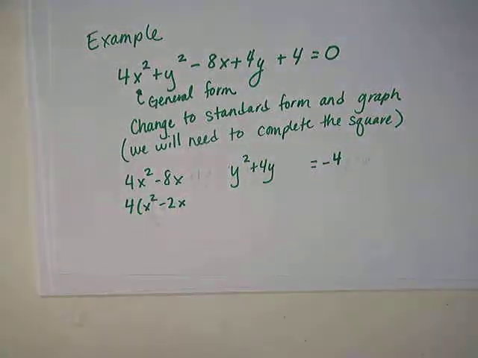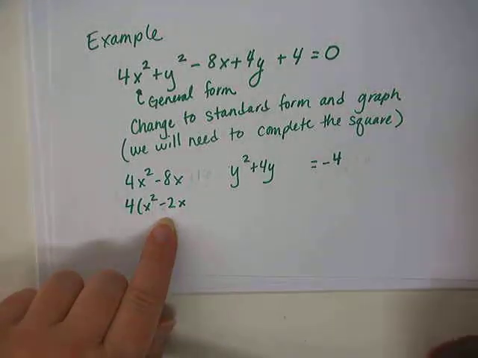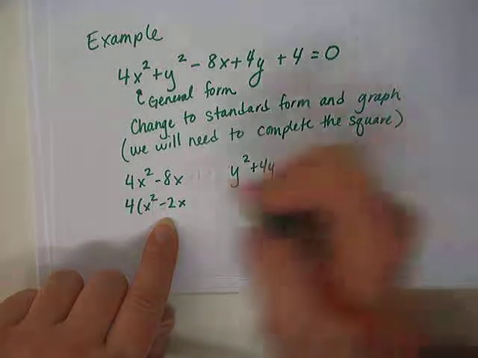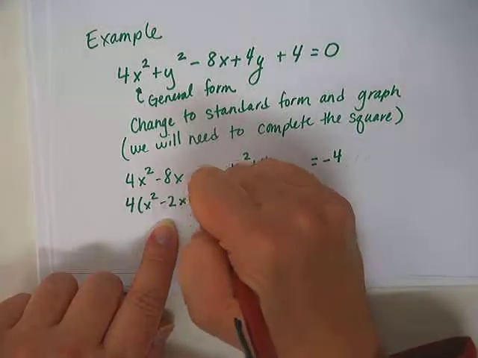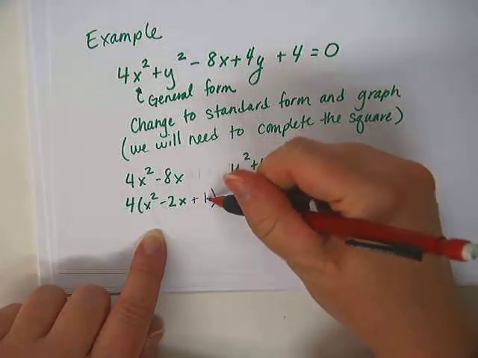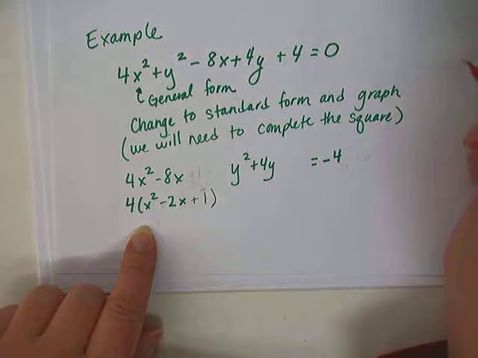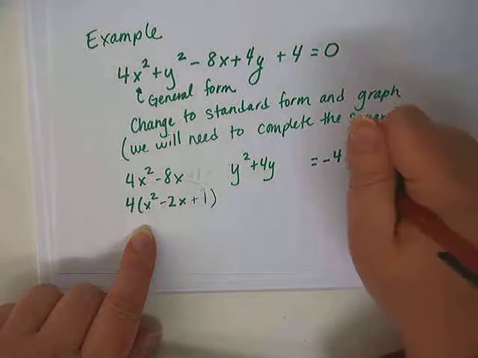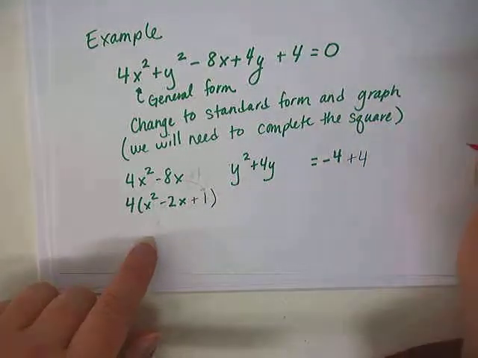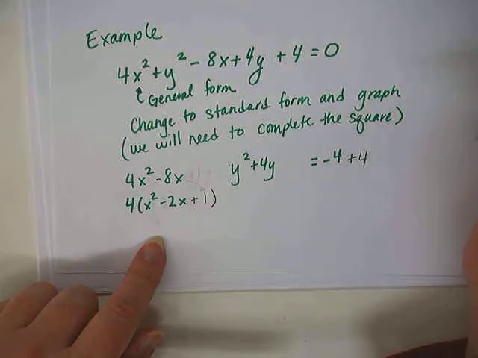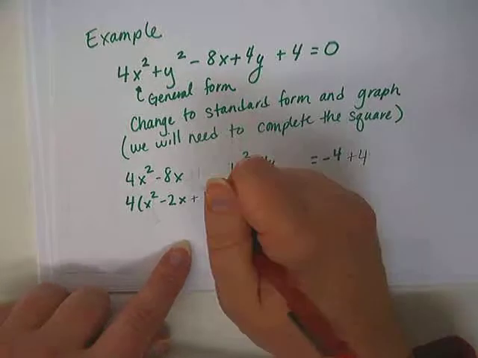Okay, so we'd pull out the 4. Now we complete the square. Okay, so half of negative 2 is negative 1. Complete the square by adding 1, but we're not adding 1, we're actually adding in 4 times 1, which means we're actually adding in 4, which means we have to add 4 to the other side.